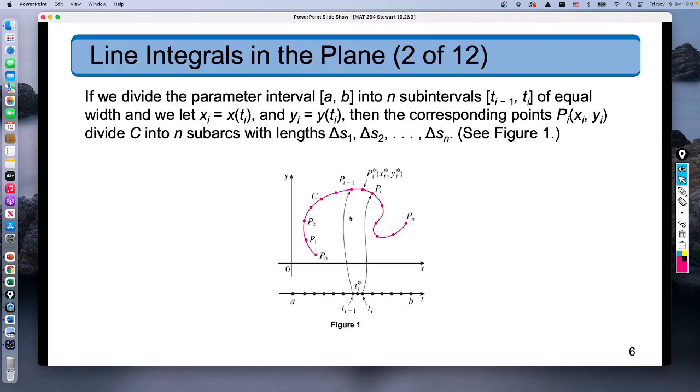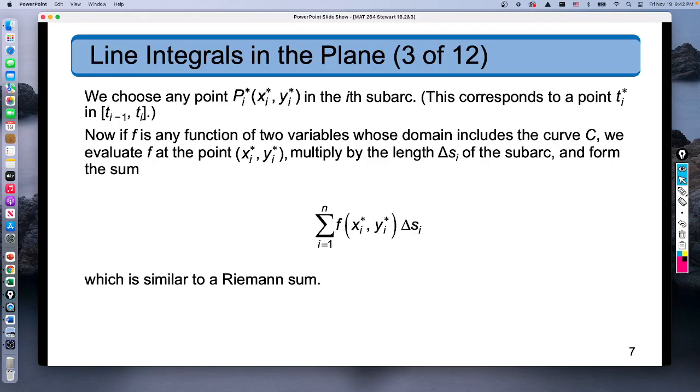And this is what we're doing, basically integrating along a curve. We're taking these little pieces, these changes in s, and these sub-arcs build into something like a Riemann sum, where we were building rectangles and such, or for that matter, rectangular cubes. This delta s is a subarc.